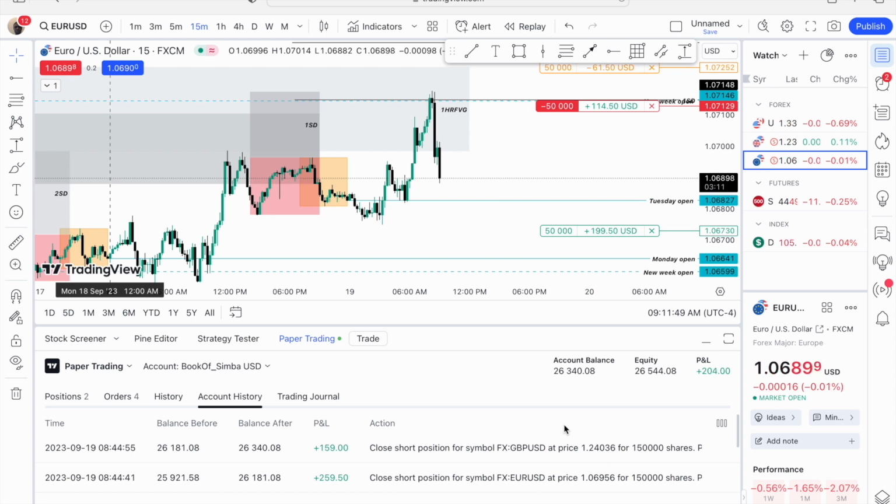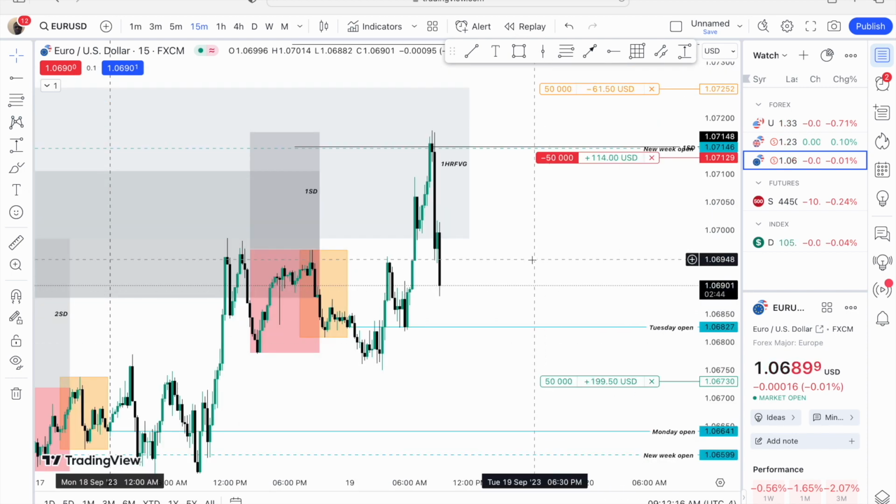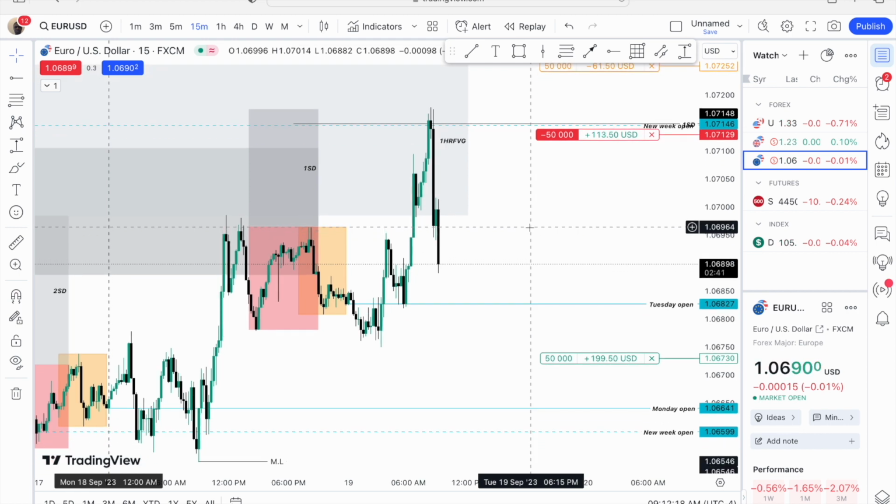So we made 259.50 plus 159 flat, so we made $481. So we're up 200 and some change, and we're still up for the quota for the day. So compound interest is key, paramount, right? Paramount.